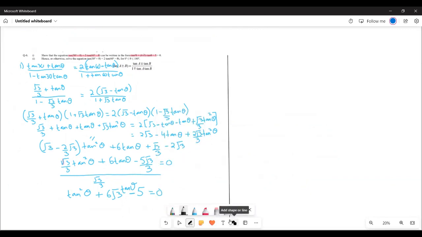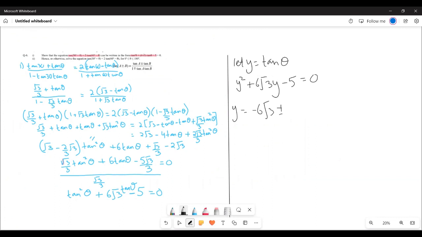So I'm going to write let y equals tan theta. So our quadratic equation is y square plus 6 square root of 3 y minus 5 equals to 0. We'll have to use the quadratic formula. Y equals minus b plus minus square root of b square minus 4ac upon 2a, where b is 6 under root 3, whole square.